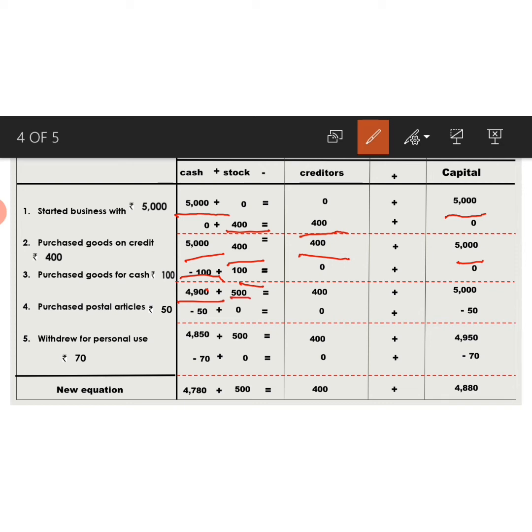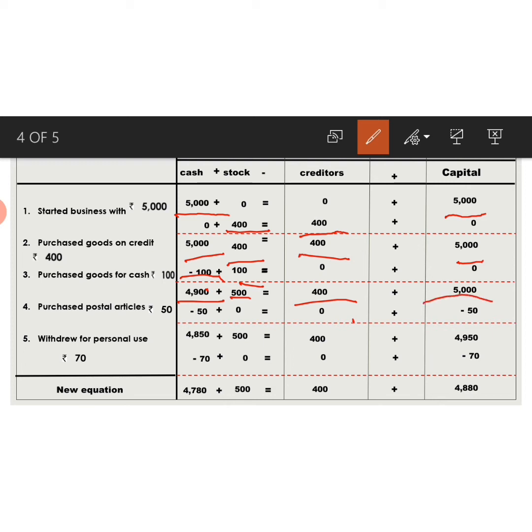If you come to the next section, there is no entry for creditors here, so adding it up with 0, you'll get 400. And on the capital side also, this transaction has no entry, so 5,000 plus 0 is equal to 5,000 itself.